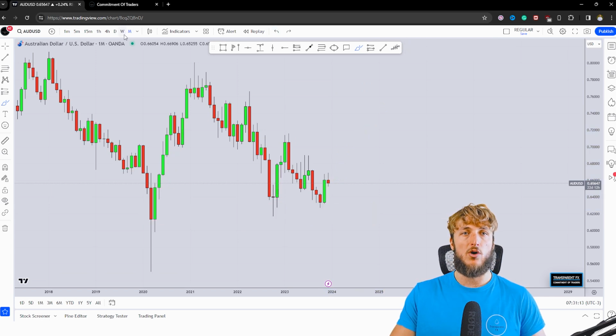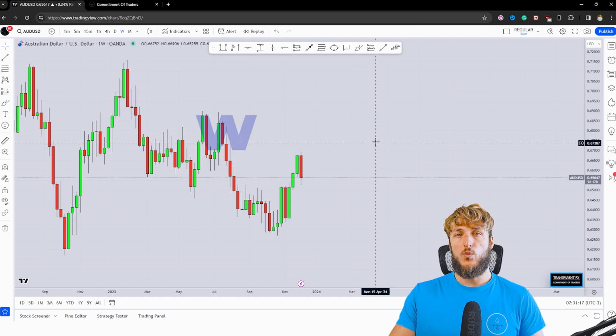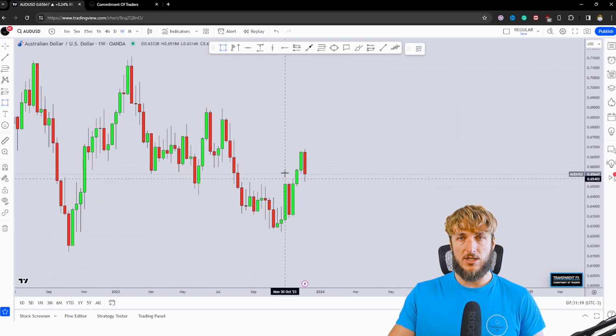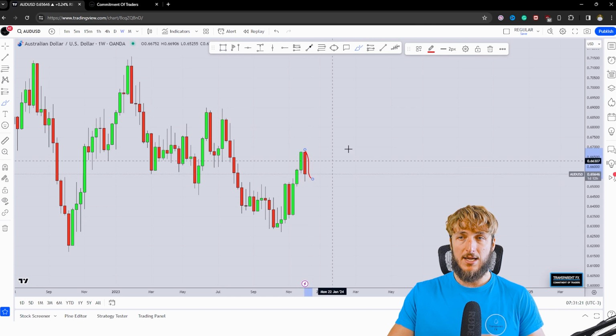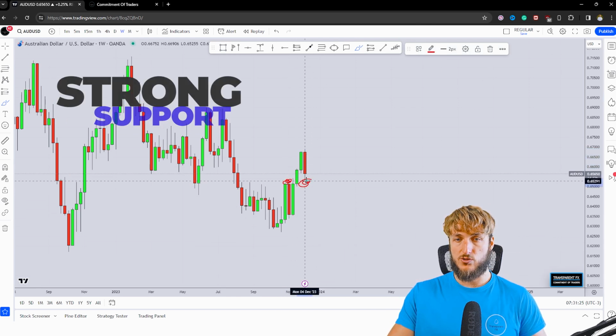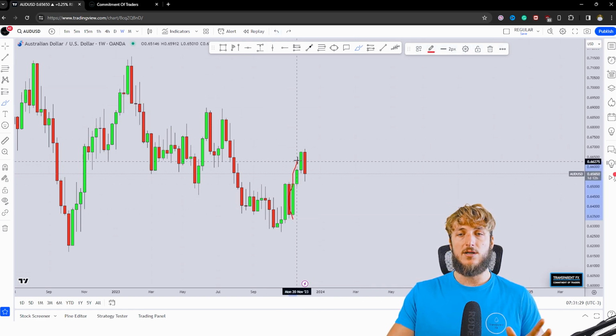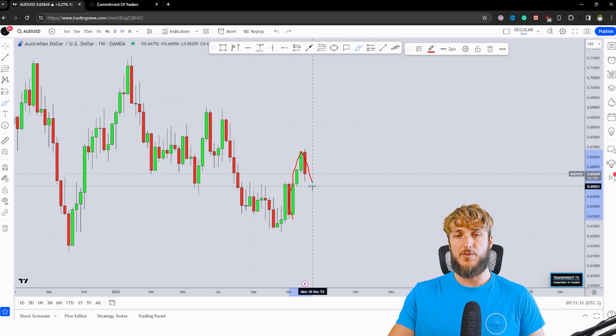Now, dropping down on the weekly time frame, what do we see? Well, from a weekly standpoint, we can notice how the market is currently approaching the previous level of weekly resistance, which is now turned support here. In fact, if we look closer, we can see how we had a clear impulse to the upside followed by this correction.